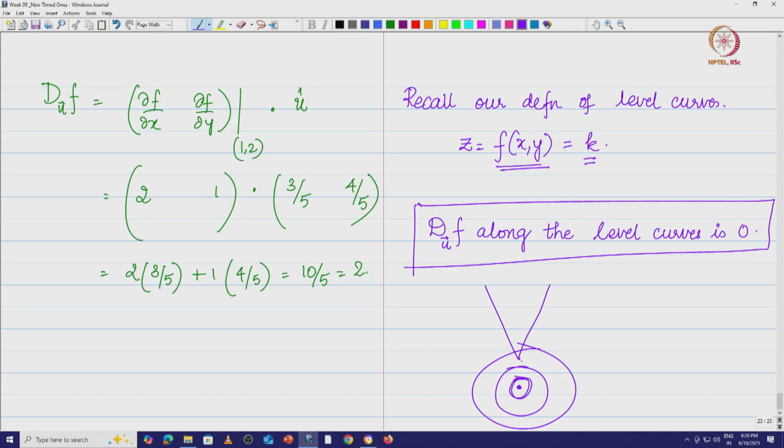Now let us also look at one more interesting thing. We said the directional derivative of the function in the direction u is given by the gradient of that function evaluated at the point (x0, y0), dot product with the u vector. This was a vector and that is a vector.